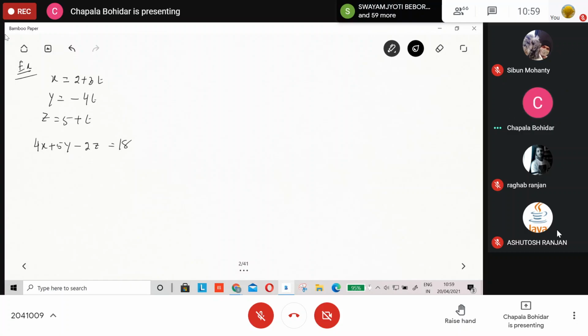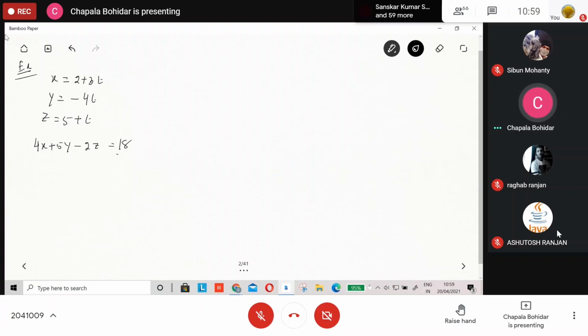Find the point at which this line, with the scalar value t, intersects this plane. So what is my aim here to find out?